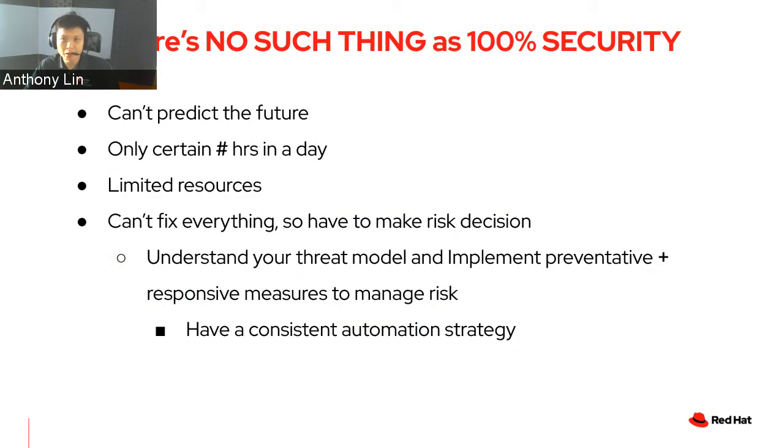Teams have limited resources and can only work on so many things, so we cannot fix everything and sometimes need to make a risk decision. So it's important to understand the threat model and implement preventive and responsive measures in order to manage the risk, and hence it's important to have a consistent automation strategy.